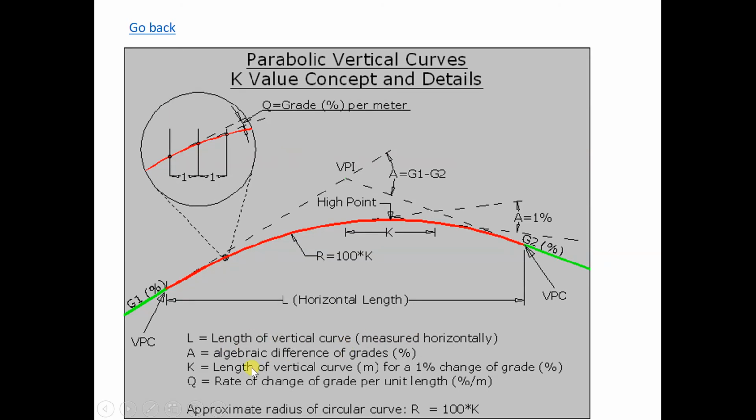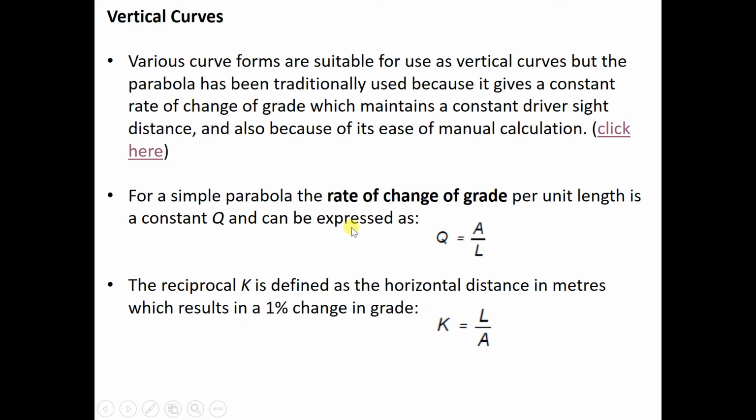L is the length of the vertical curve, A is the algebraic difference of grades. The grades will be plus G1, plus G2, but the down slope will be negative and the uphill slope will be positive. Q is the rate of change of grade per unit length. So for 1 meter, how much does the grade change?